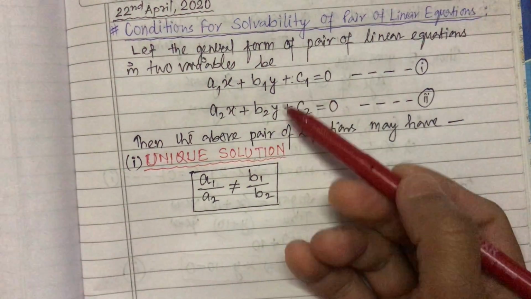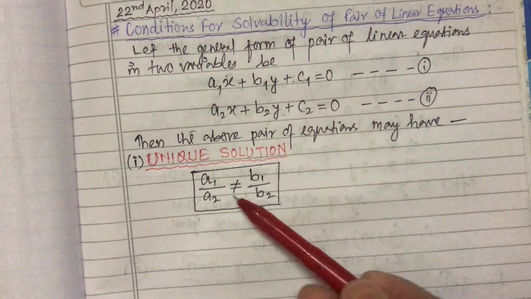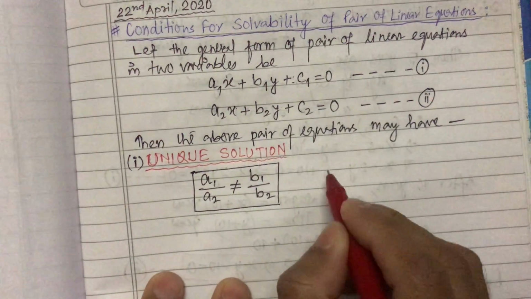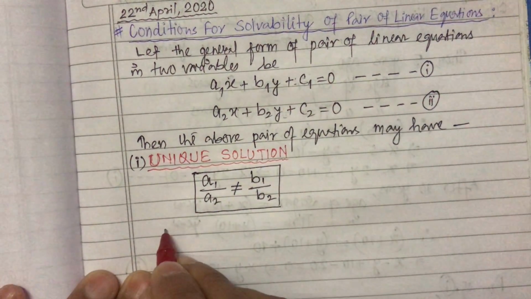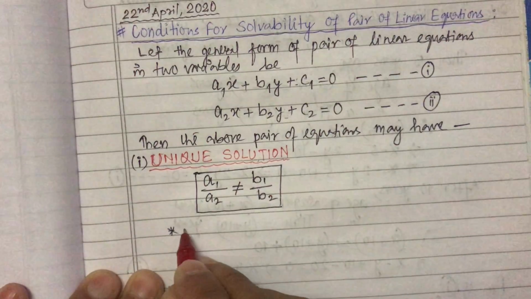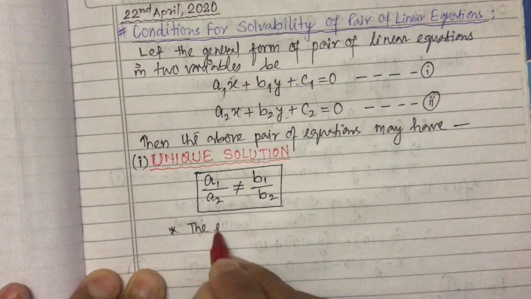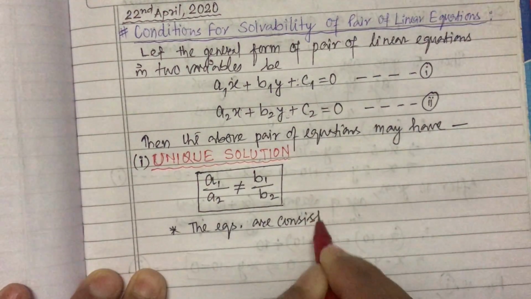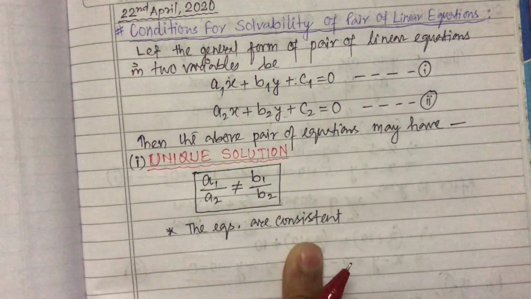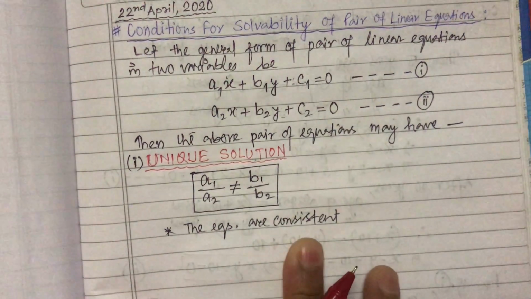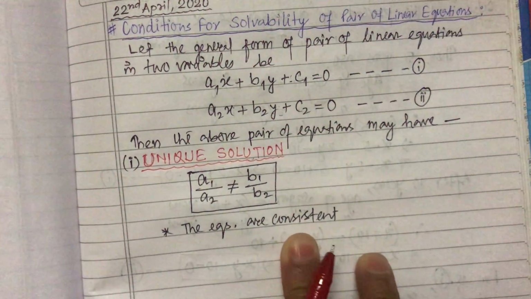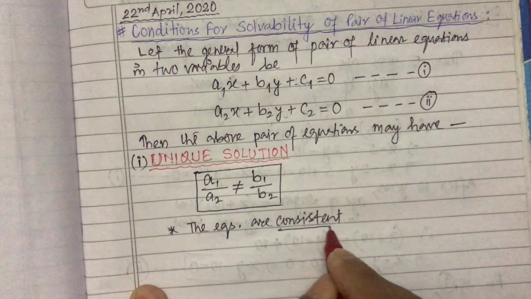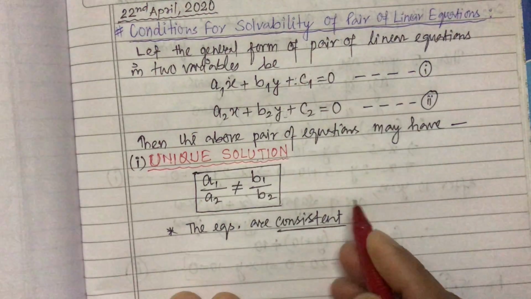When such equations have a unique solution, they are called consistent. So I will write here, the equations are consistent. Don't get confused. In our previous classes we discussed this word consistent. So unique and consistent, we should keep in mind, both are the same.